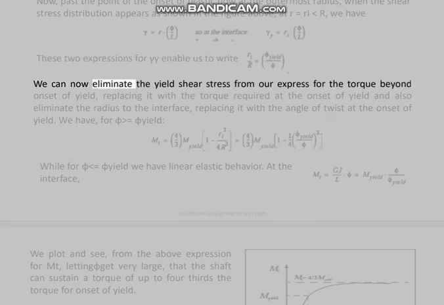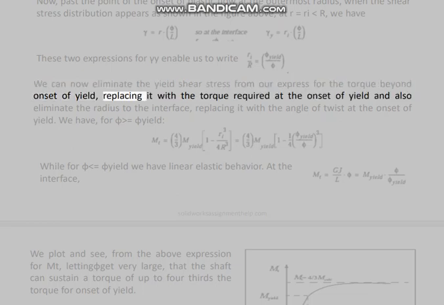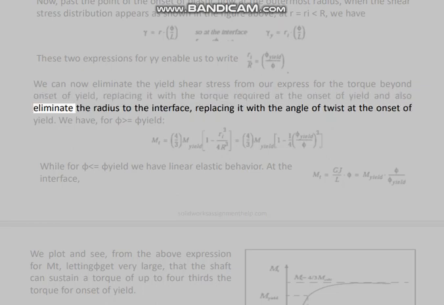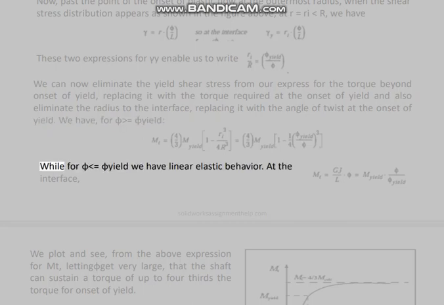We can now eliminate the yield shear stress from our expression for the torque beyond onset of yield, replacing it with the torque required at the onset of yield, and also eliminate the radius to the interface, replacing it with the angle of twist at the onset of yield. We have this for phi greater than phi_y, while for phi less than or equal to phi_y, we have linear elastic behavior.